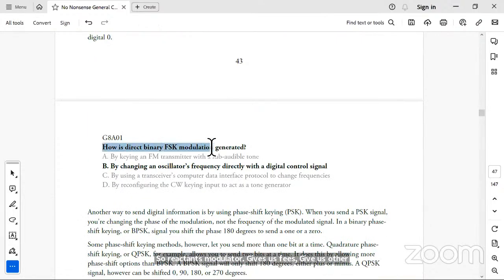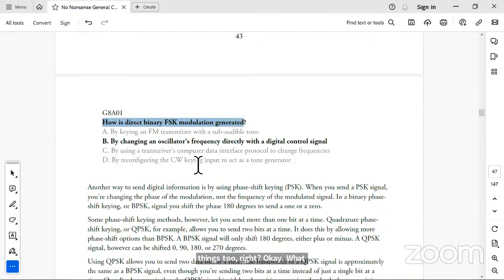Okay. How is direct binary FSK modulation generated? So remember, FSK means frequency shift keying, right? So how is direct binary, the two states there, 1 and 0, generated? Well, we showed a diagram of the carrier signal, and then we showed the actual 1s and 0s.